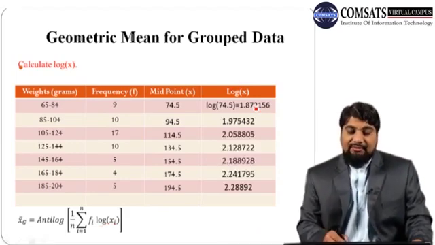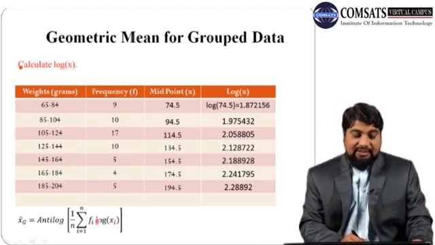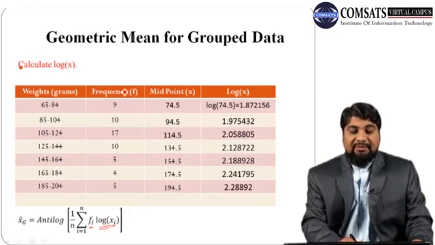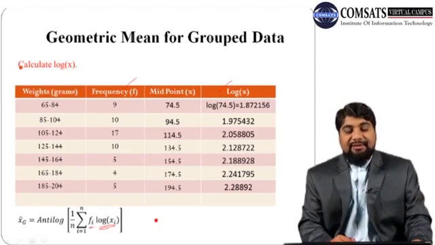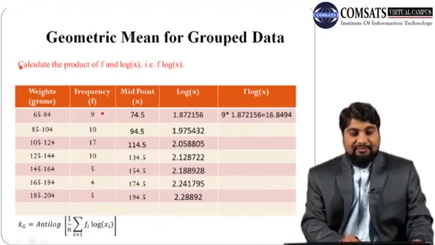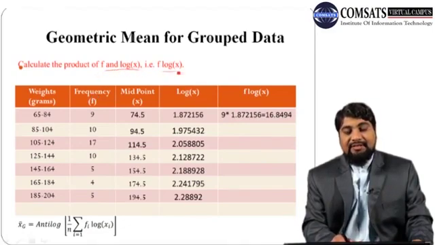Once we have log x in hand, the next step is to calculate the product of f and log x, that is f i and log x i. It means we have to multiply the frequency with log x. Calculate the product f log x.